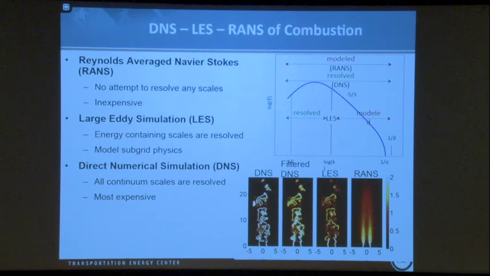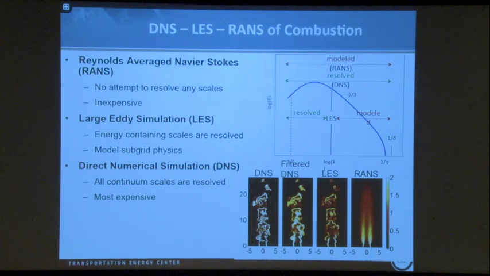If you increase the complexity, you can go to a large eddy simulation, which resolves, for example, in this energy spectrum, the resolved large scales on down into somewhere in the inertial range or even into the dissipation range on your mesh. And then you have to model the physics that's beneath your grid, so-called subgrid physics.